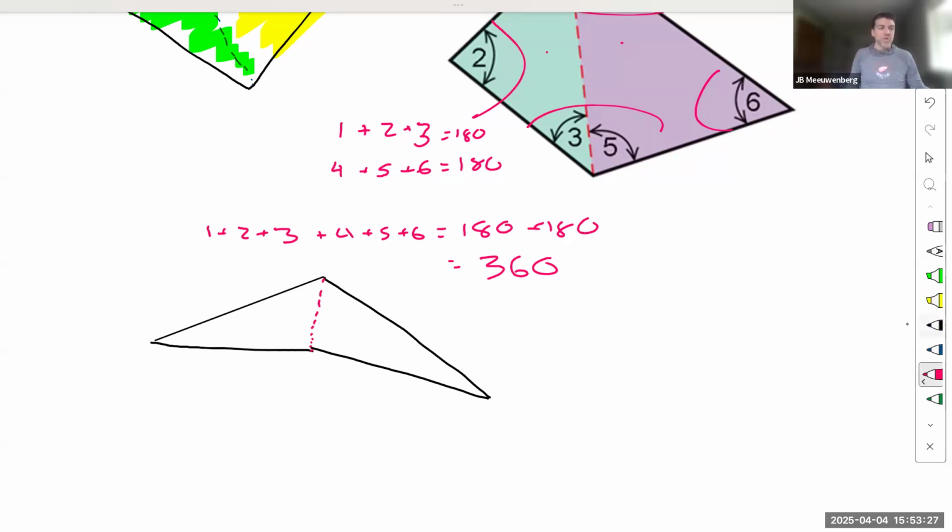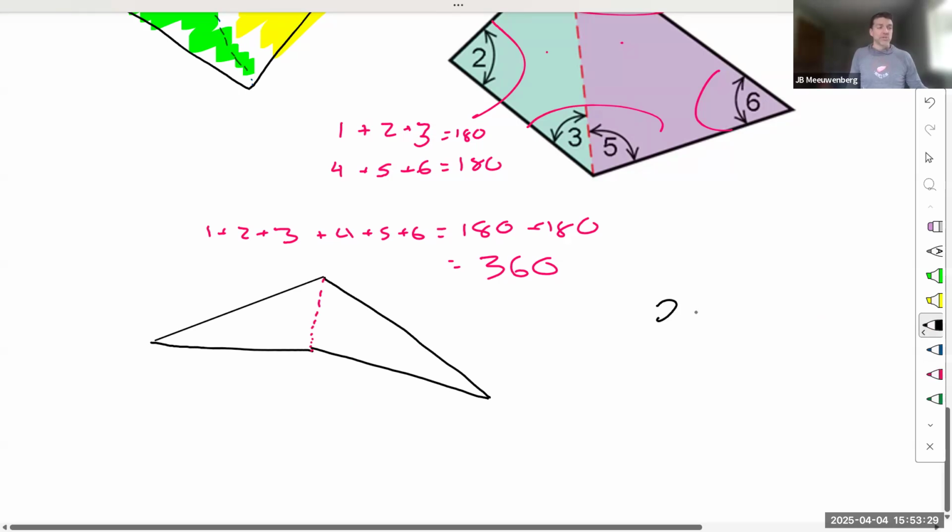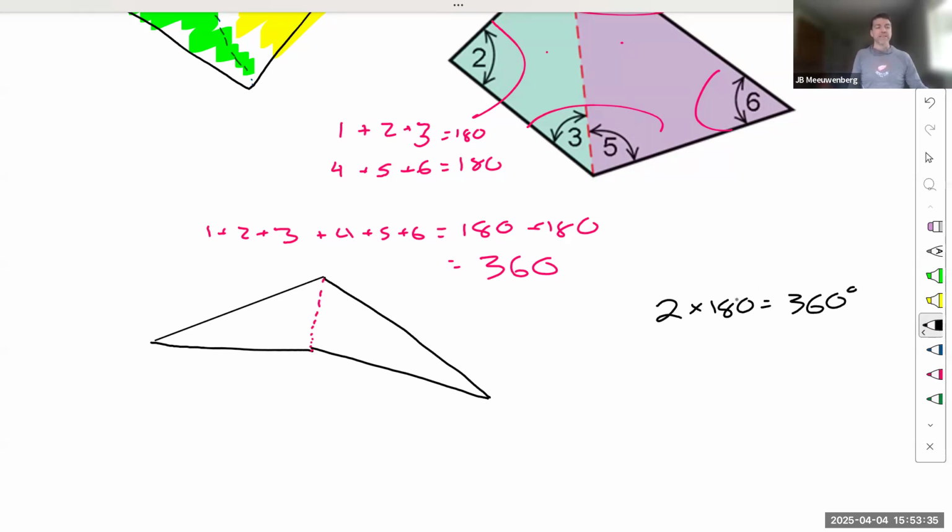So we know every quadrilateral is going to have 2 times 180 or 360 degrees. The key is that knowing a triangle has 180, how many triangles can we make? So if it has 4 sides, it's going to be 2 times 180 to be 360.